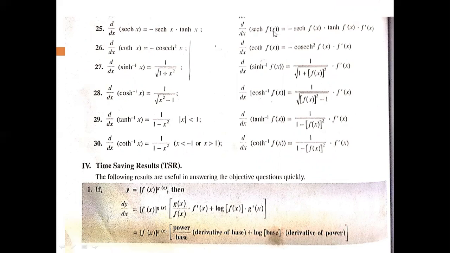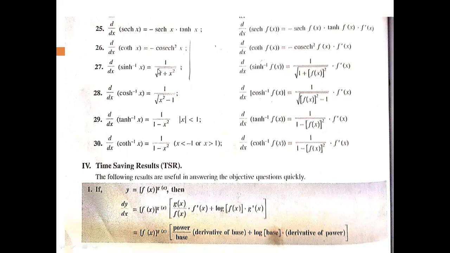Derivative of secant h f of x is equal to minus secant h f of x into tan h f of x into f dash x. And derivative of cot h of x is equal to minus cosec h square x, and for f of x, minus cosec h square f of x into f dash x.